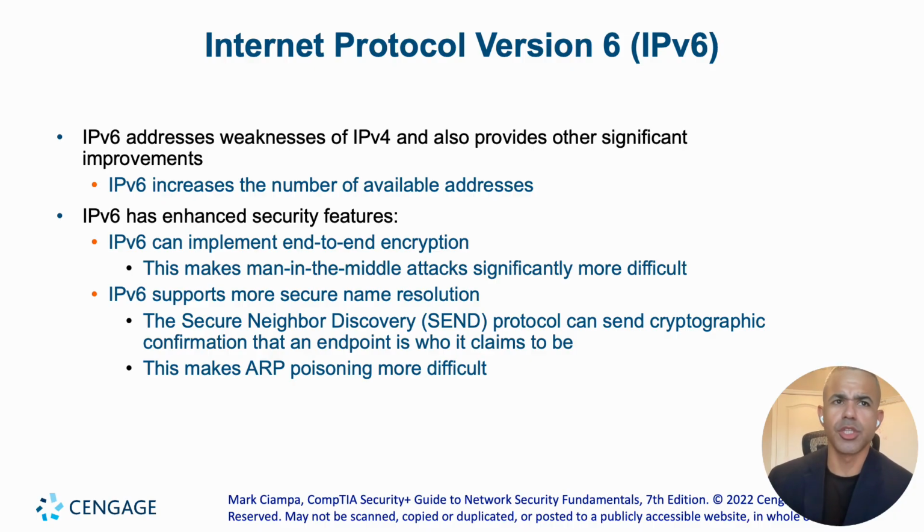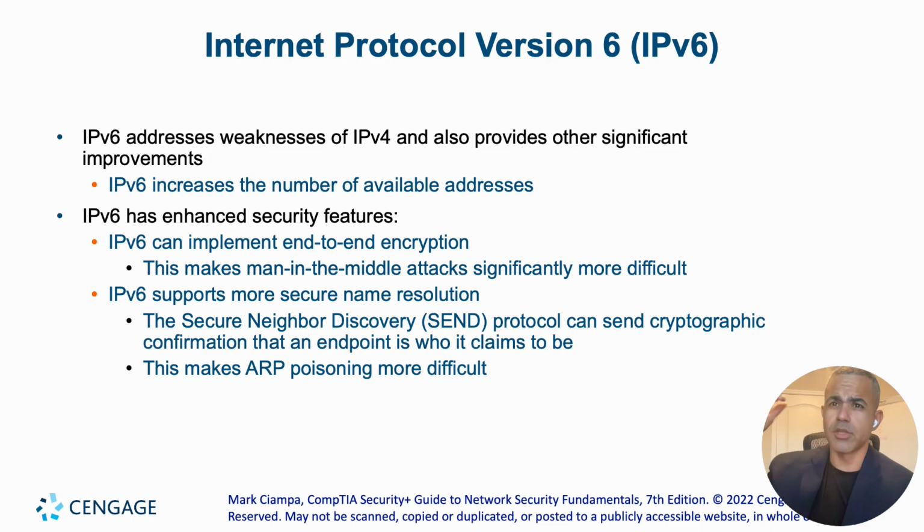It also supports what's called the Secure Neighbor Discovery Protocol, which can send cryptographic information just to verify that the endpoint that's trying to communicate is who they claim to be before that data can be sent. This means that if I am trying to conduct an ARP poisoning attack, it's not going to work because it's going to match who the person that I should be communicating with is against its own records.